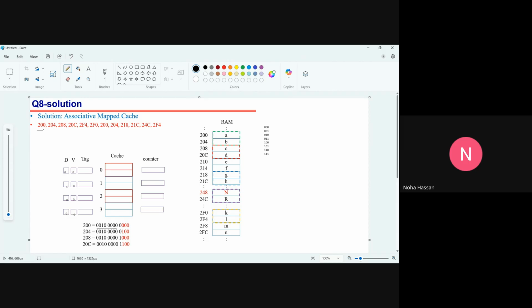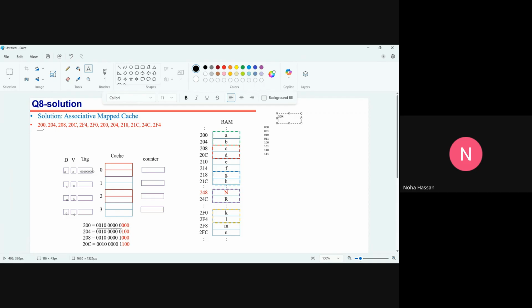Which is our tag. In this location, we just write that: 0, 0, 1, 0, and so on. That's our tag. Let me write this down here as well. I'm talking about address 200 now.